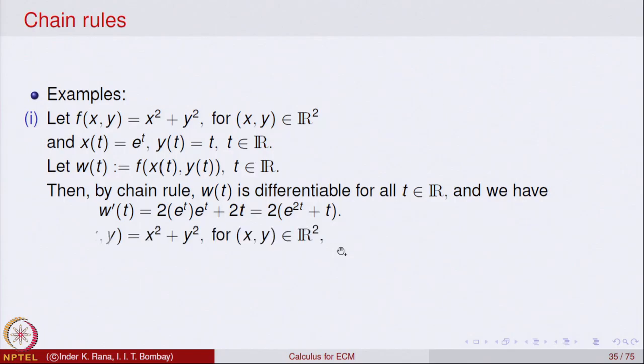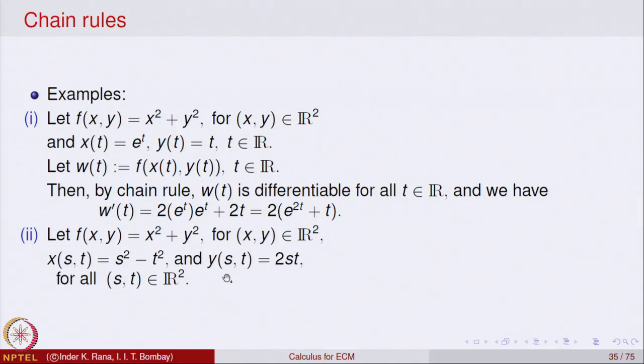Okay. Let us look at the same function f(x, y) equal to x square plus y square, but here x now is a function of two variables s and t. x(s, t) is equal to s square minus t square, and y(s, t) is equal to 2 times s t.